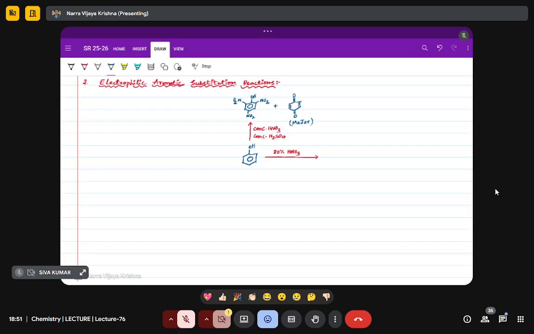Generally, we expect para as major and ortho as minor, correct? But meta, we will think is not at all possible, but meta is possible. Para is highest, around 51%, meta 47%, and ortho around 2%. Is it clear? Any questions? Right. Now, phenol with 20% HNO3. Now you will get orthonitrophenol and paranitrophenol.